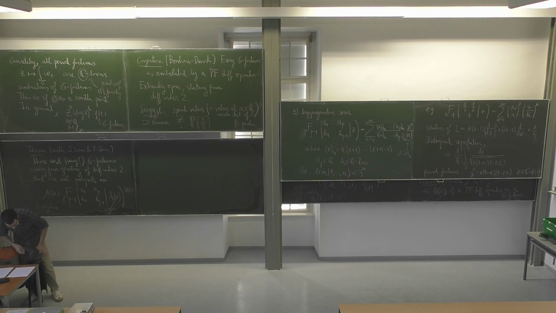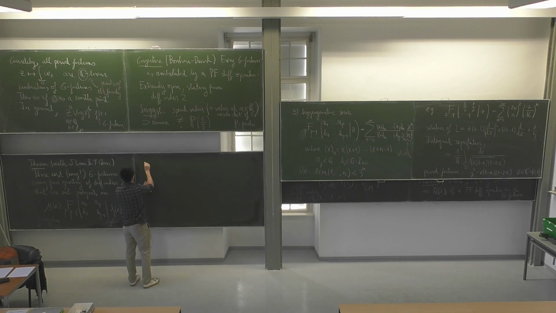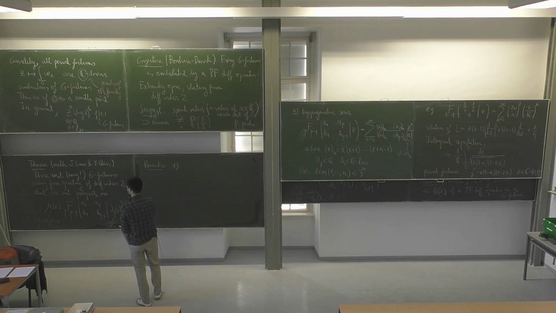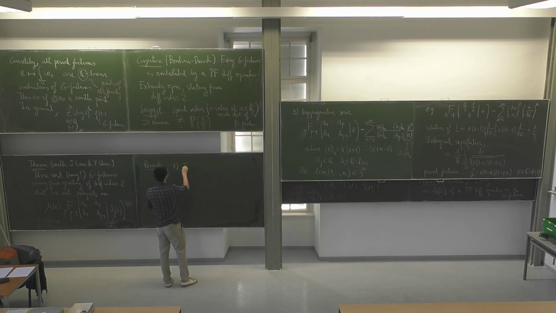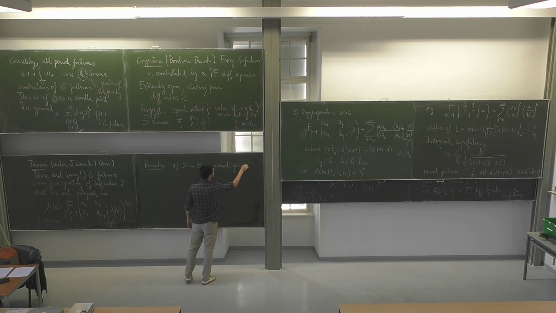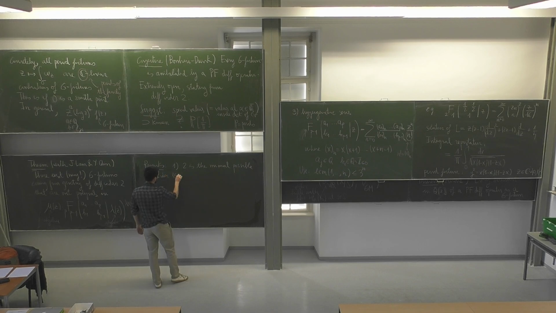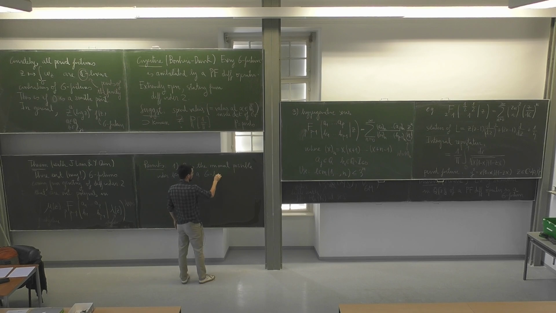Okay, so maybe a few remarks. The first one is that 2 is the minimal possible order, because a G function of differential order 1 is actually algebraic.